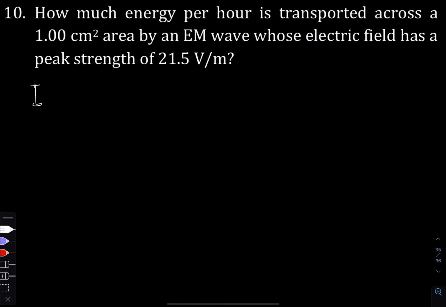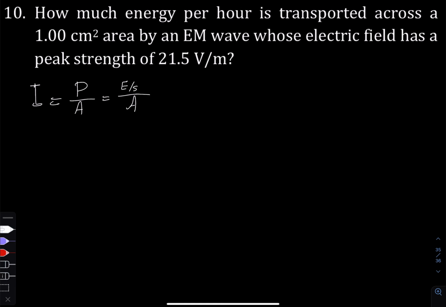We can use intensity, which gives us power over area, which again, power is basically energy transferred per second. So if we can find intensity and then extract out of that the energy per second, we can actually find the energy per hour, because they're asking for energy per hour.